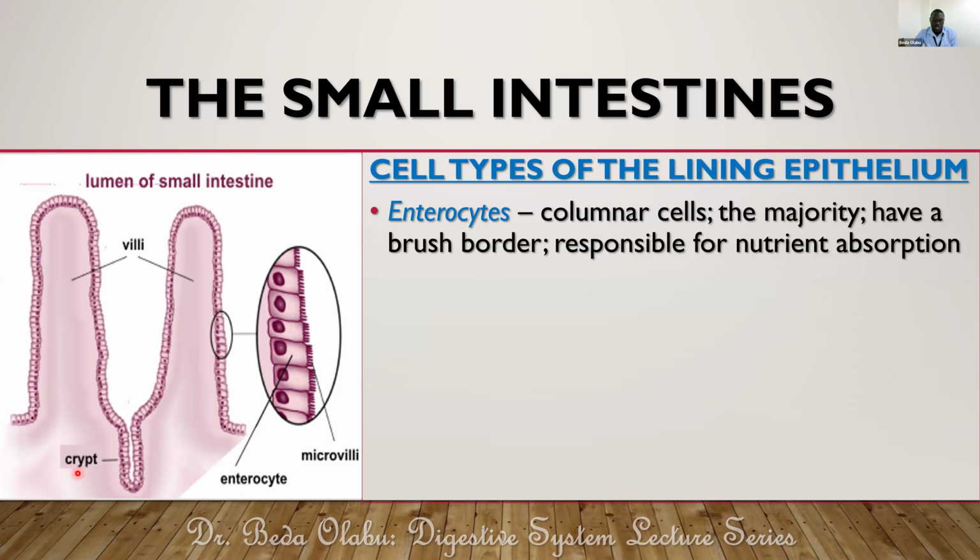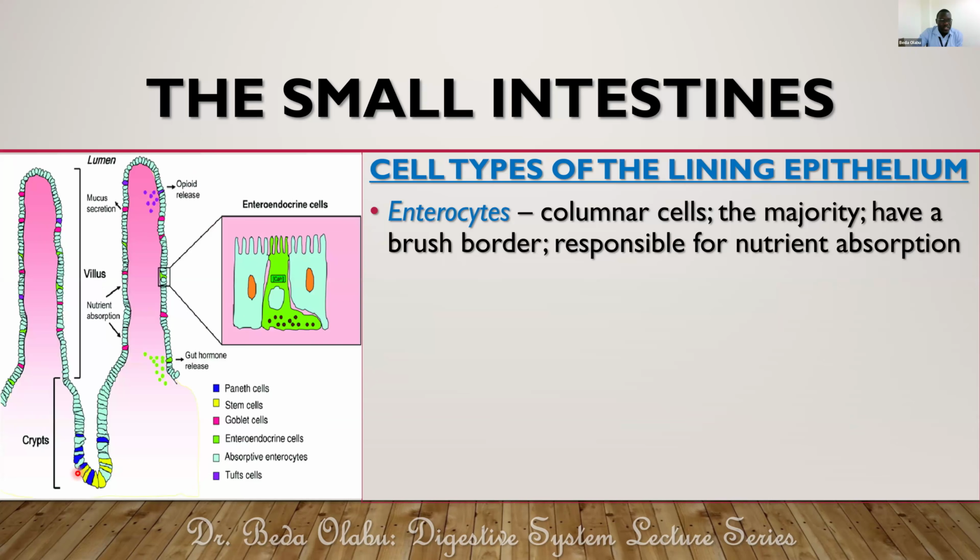I'll talk about the crypts shortly. In the previous image, this is a villus, that's another villus, and this is the crypt of Lieberkühn. So I want us to talk about the cell types on the villi first, before we talk about the cell types in the crypts.